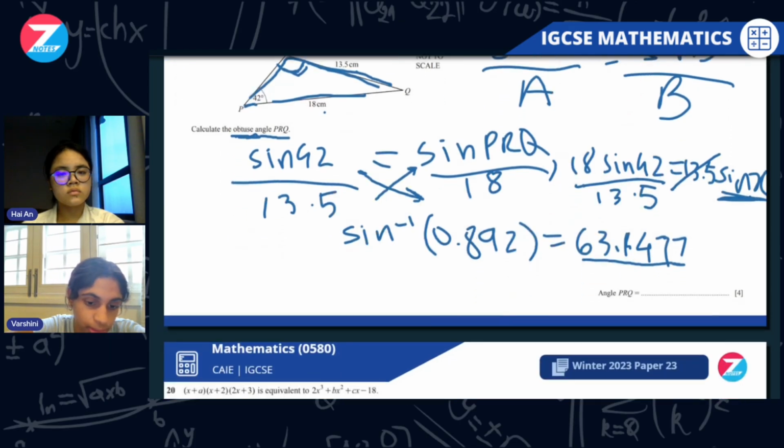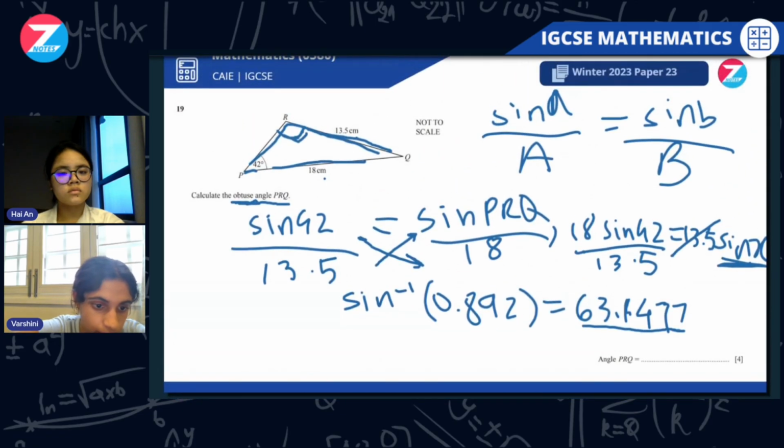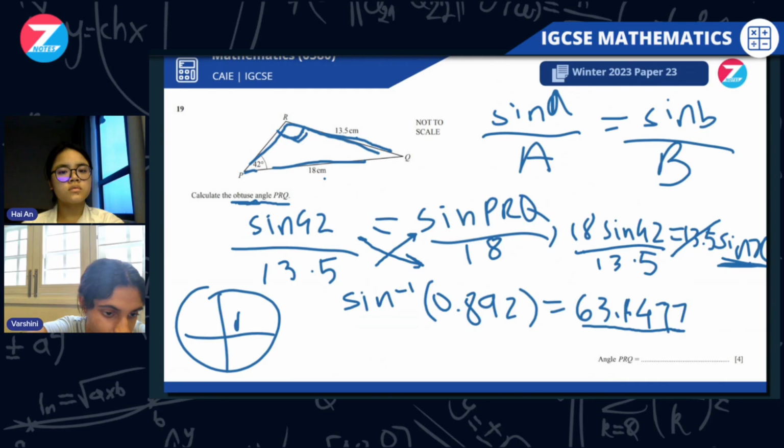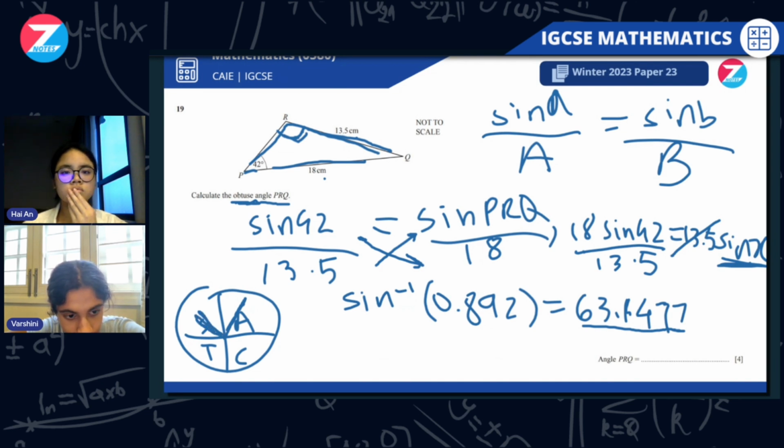Now let's go back and look at our unit circle. If we look at our unit circle, our angle is somewhere over here, 63. It's in the acute sector. So what is the other angle that it could be where it's obtuse and still positive? It needs to be somewhere in the sine sector, and we know that this line is 180.